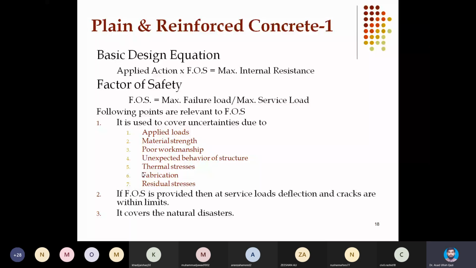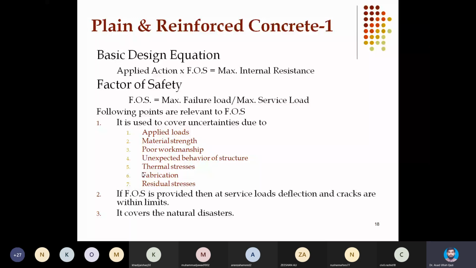So in deciding the factor of safety, following are the relevant points. Factor of safety will cover the following uncertainties. Uncertainties due to applied loads. Applied loads, as I have given you example, that rather than 500 they made it 600, or live load increased from 200 to 400.